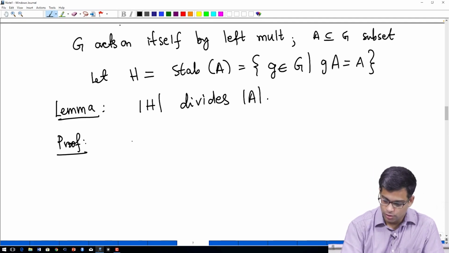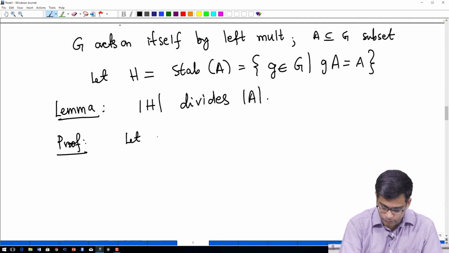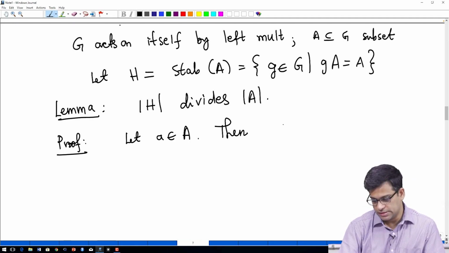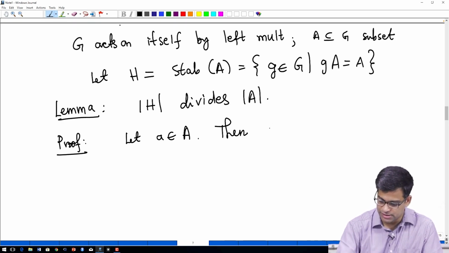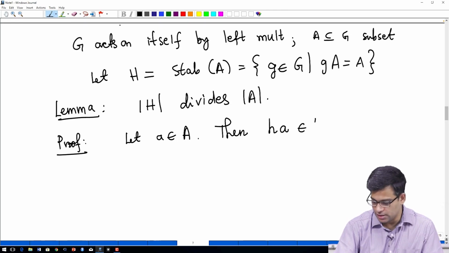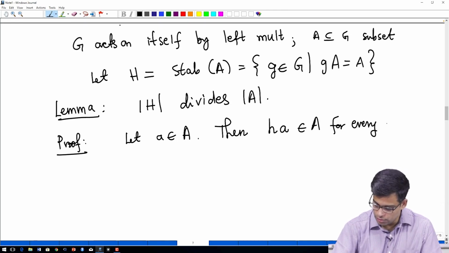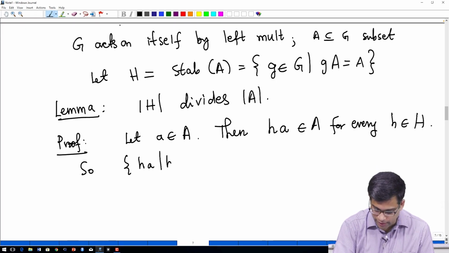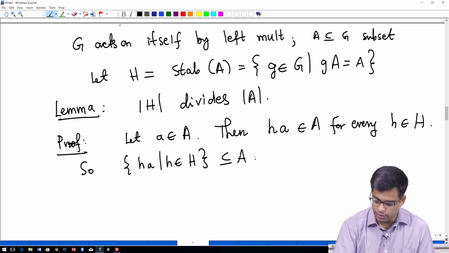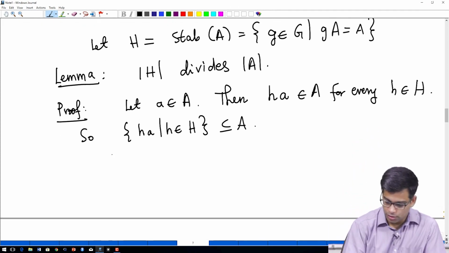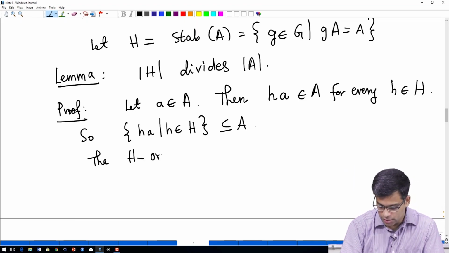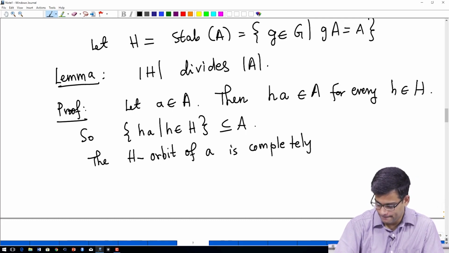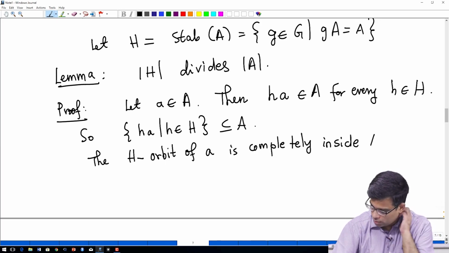The reason is, remember, H is the stabilizer of A. So let small a be in capital A. Then since H stabilizes A, ha is in A for every h in H. In other words, the set ha as h varies in capital H is contained in capital A. I am going to write it like this: the H orbit of a is completely inside A. Is that clear?